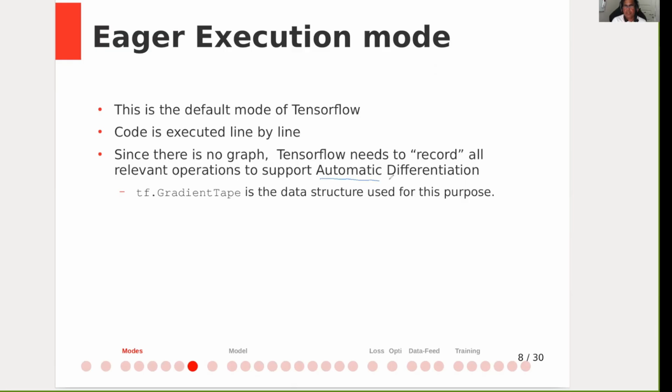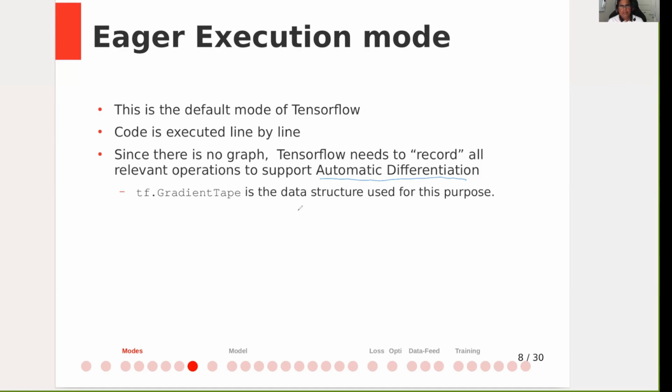If you recall how TensorFlow performs automatic differentiation, it does that using the recorded graph. But in eager execution mode, there is no graph. Therefore, TensorFlow needs somehow to record the operations which were performed.